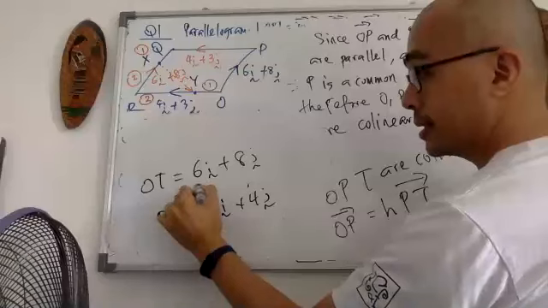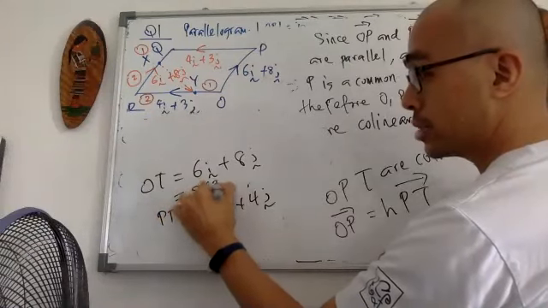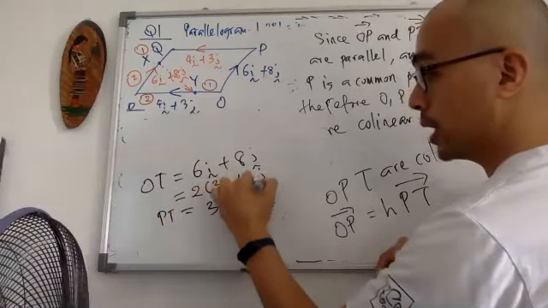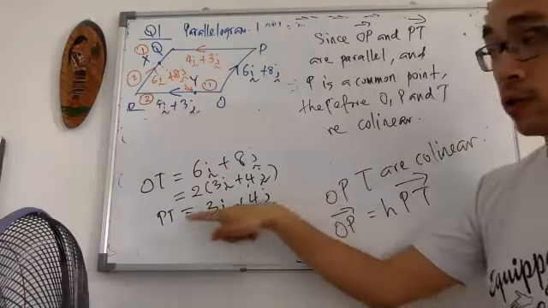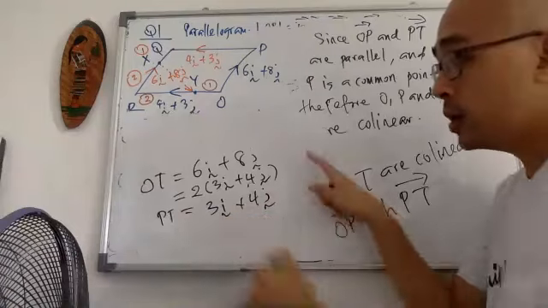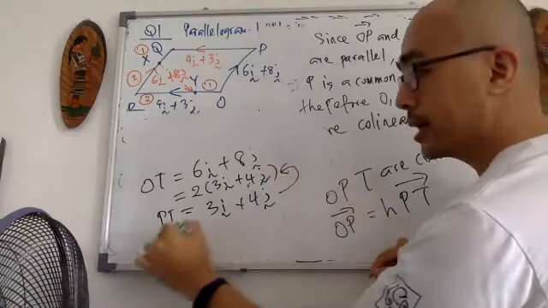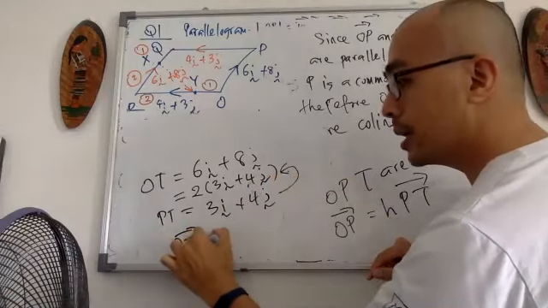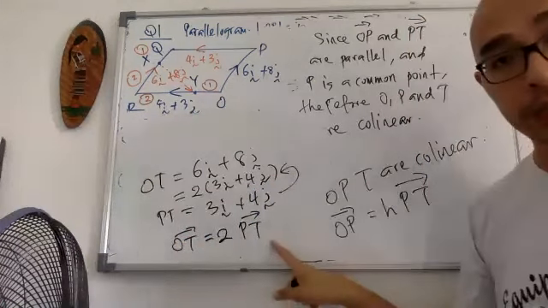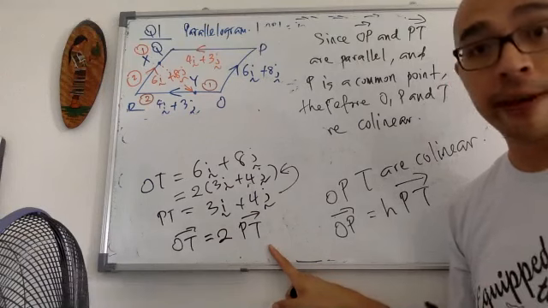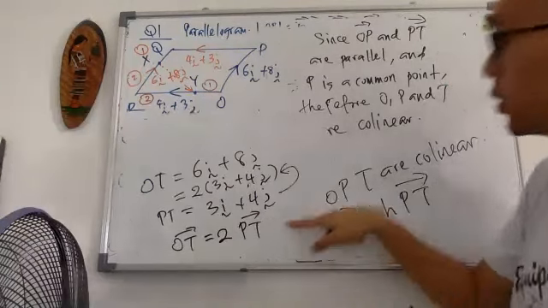Then 6 is factorized out and I get 3i plus 4j. And we find that 3i plus 4j is actually equal to PT. So if I substitute this in here, I get OT equals to 2 times PT. If I can come up to here, then I'm fine. Then you're done already. After this, you can write this sentence.